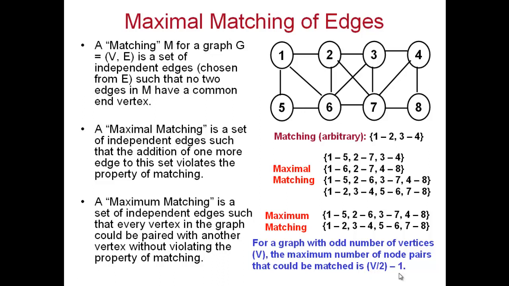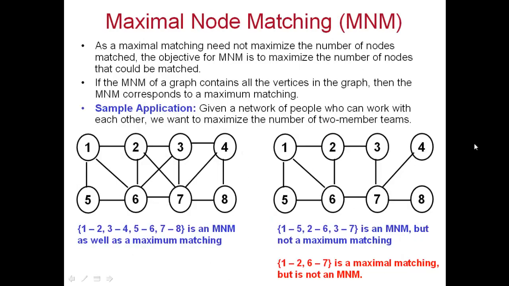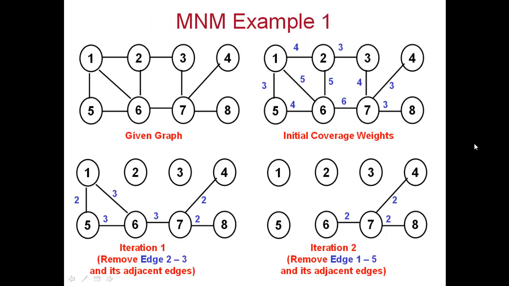So in a graph of v vertices where v is even, v over 2 node pairs can be matched at most for a maximum matching. Whereas for a graph with an odd number of vertices, only v over 2 minus 1 node pairs could be matched. So for example, in a graph of, let me see.